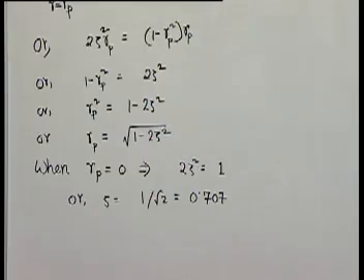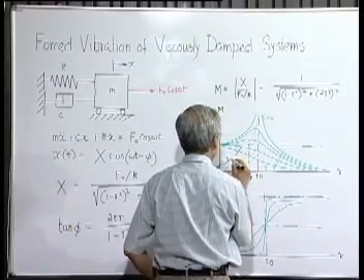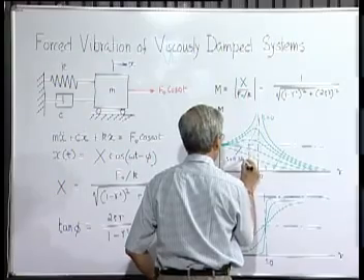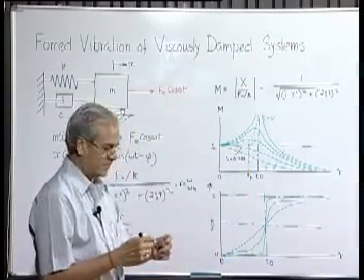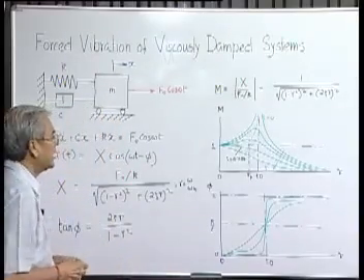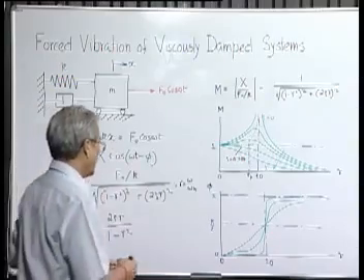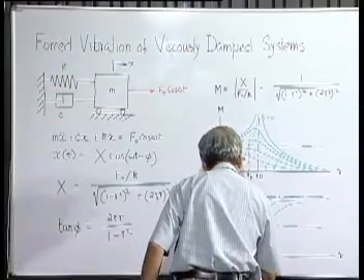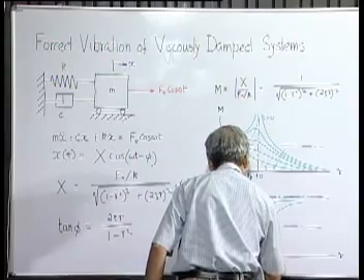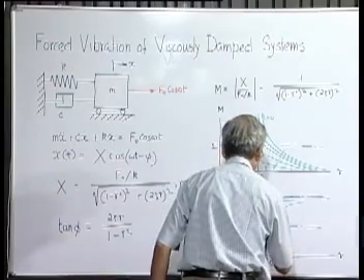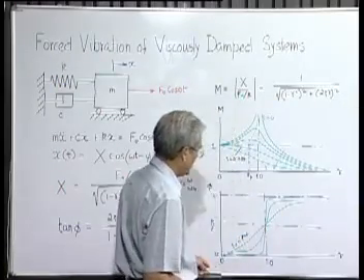So, with this damping factor, the peak is here itself. Significance or use of this we will find at a later time. Here also you will find that for zeta equal to 0.707, it will be almost a straight line for a large part of its range.